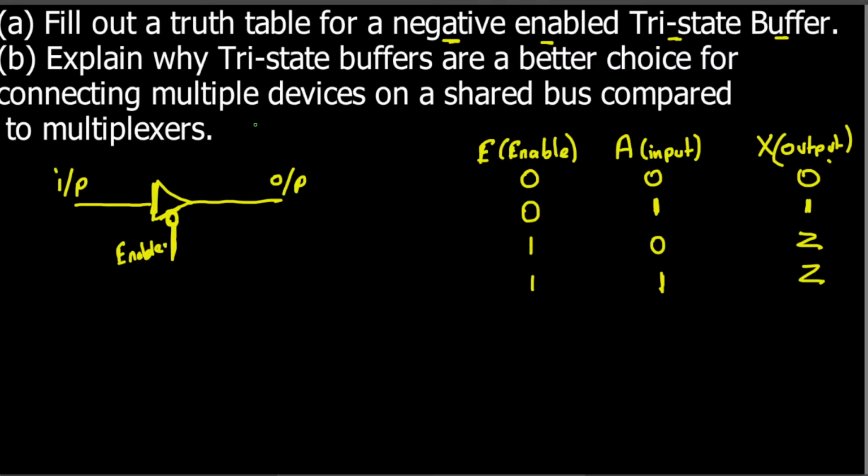So one should be writing and the others should be reading. To control the devices, when one device is writing data on the bus, the remaining devices should not enter into the bus. So to do this, tri-state buffers are connected between the devices and the bus.